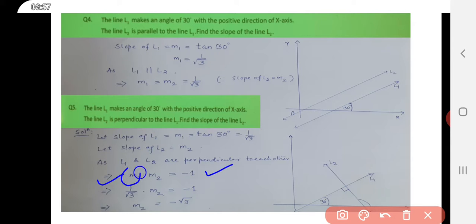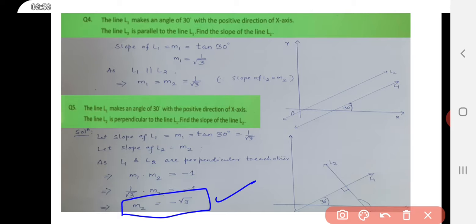And m1 we have 1 by root 3, so 1 by root 3 into m2 is equal to minus 1, and m2 is equal to, you take root 3 to the right side, then you get m2 is equal to minus root 3. So slope of L2 is equal to minus root 3.